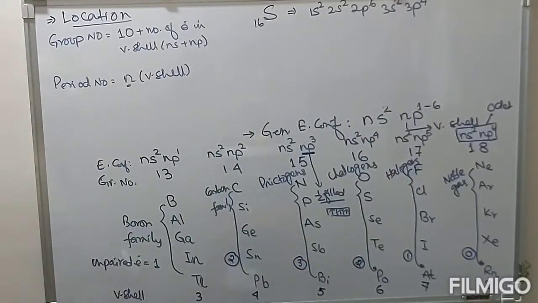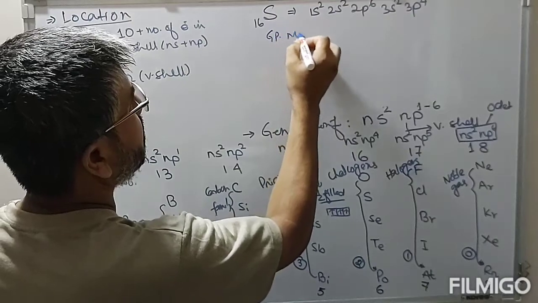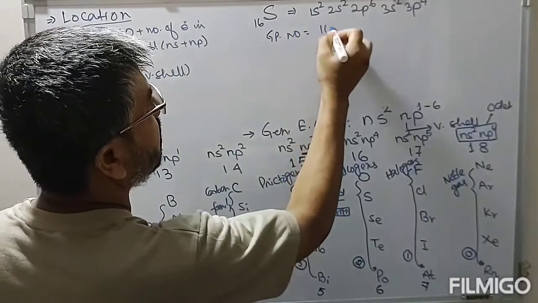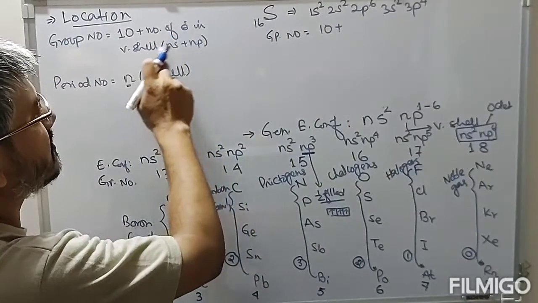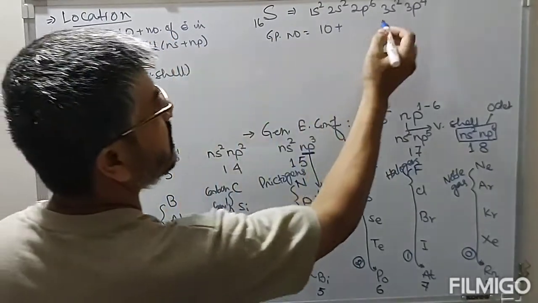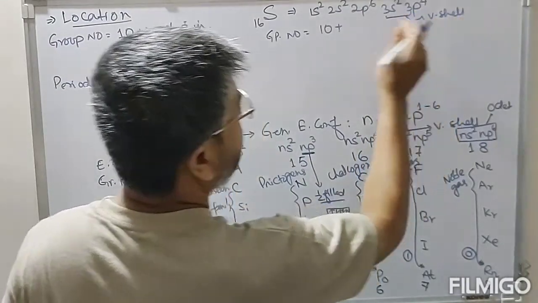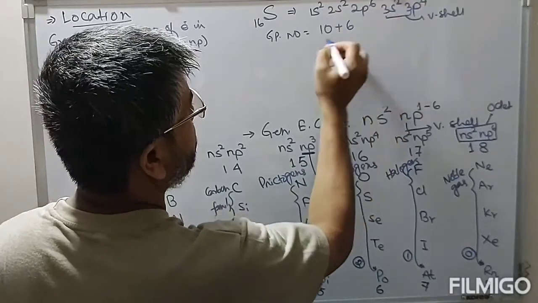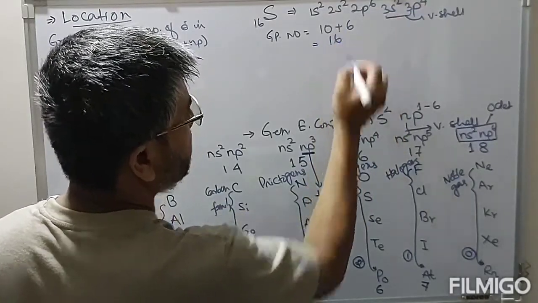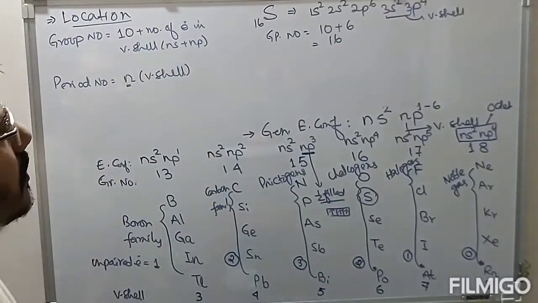Therefore the group number is 10 plus the total number of electrons in the valency shell, s and p orbitals. So this is the valency shell. The number of electrons in s is 2, in p is 4, so 4 plus 2 is 6. So this comes out to be a 16th group element. We have sulfur in the 16th group.